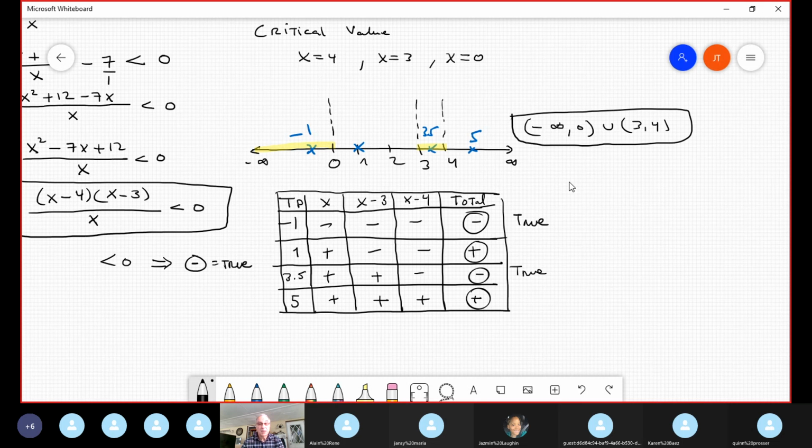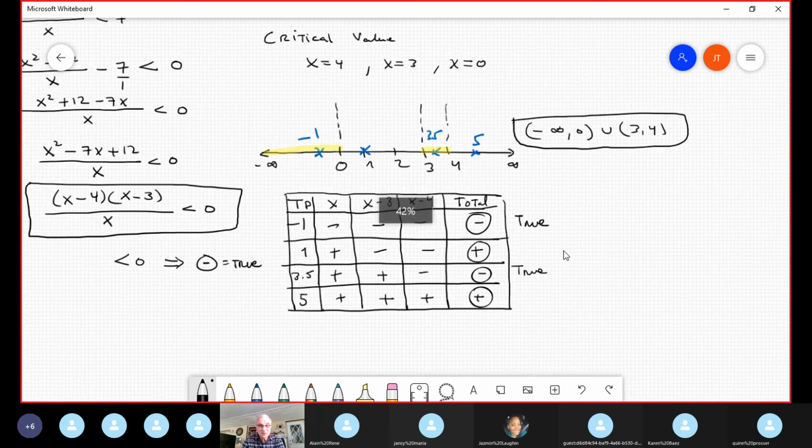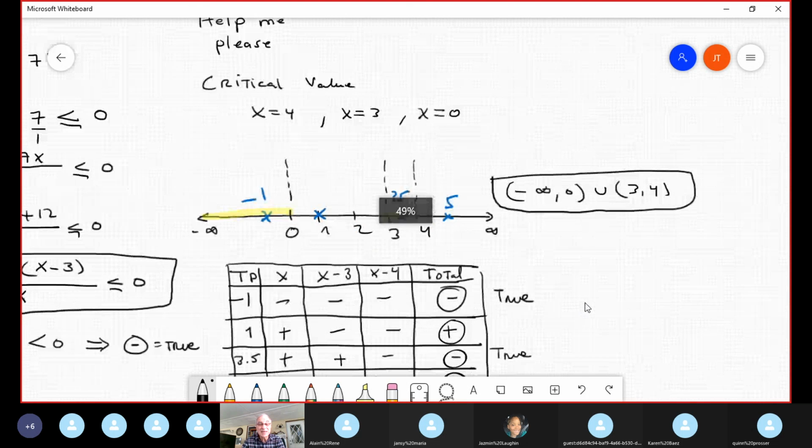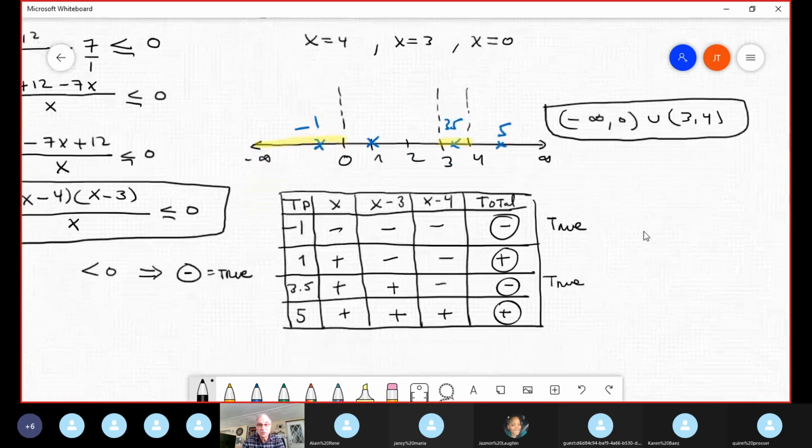Okay. Let me spend only 2 seconds to explain what's going on. What are the differences? See, my problem contains equal sign, because there's a combination of inequality and equation.